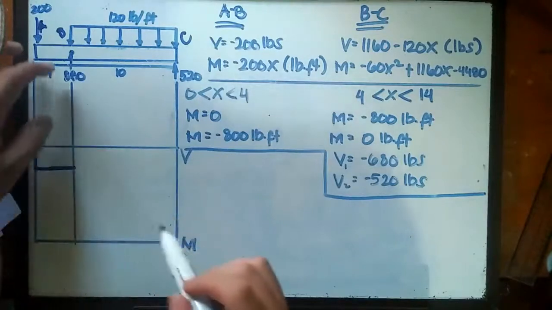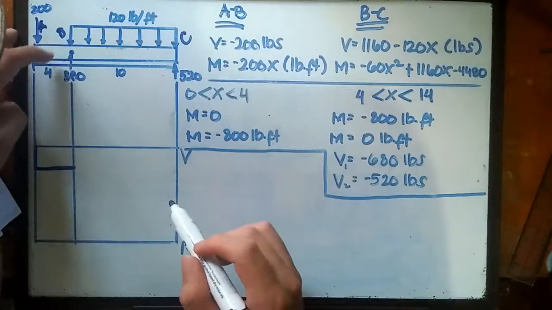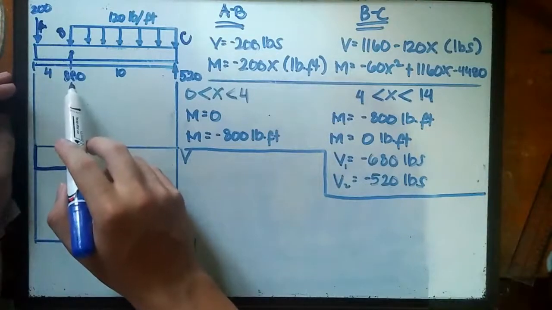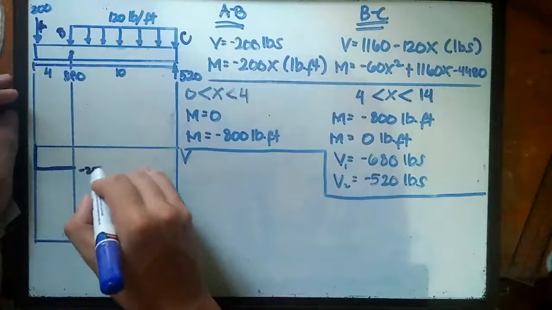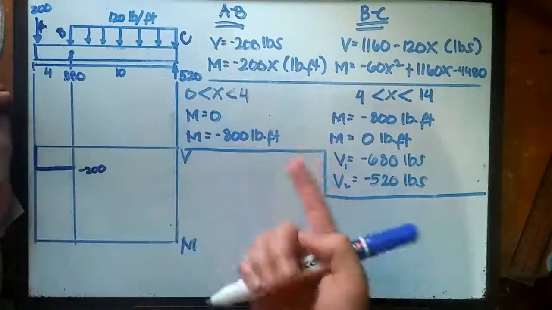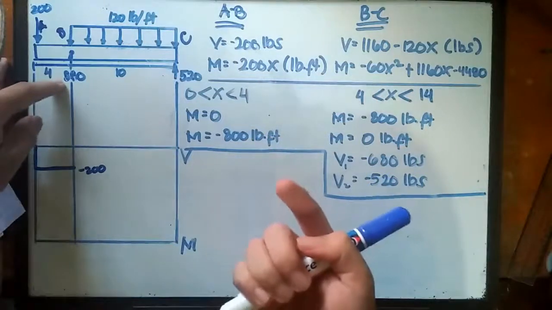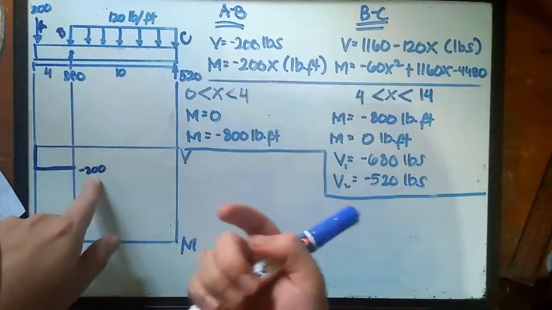Upon arriving at point B, we have this upward load equivalent to 880 pounds. This is negative 200, so we're going to go up 880 units. 880 minus 200 should be 680.